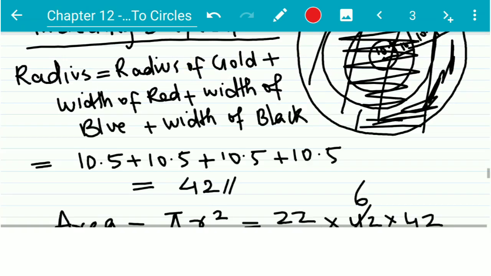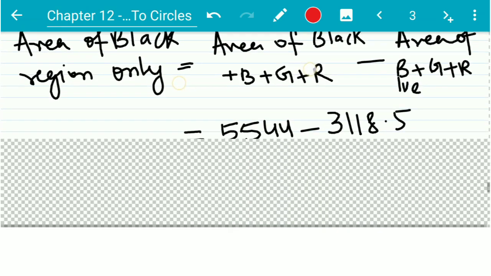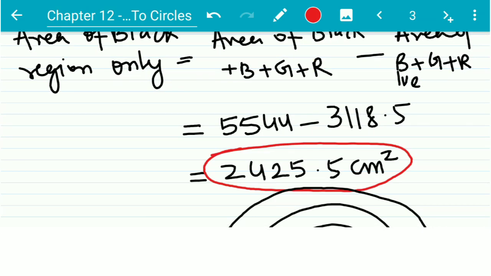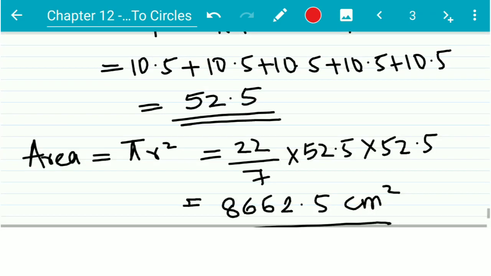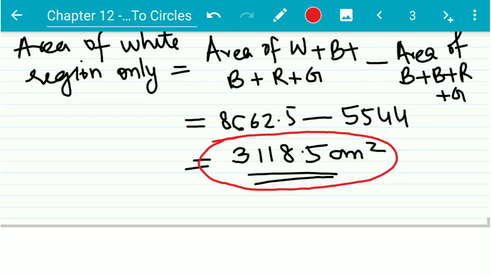Area of black region 2425.5 centimeter square. And finally, area of white region is equal to 3,118.5 centimeter square. These are the main answers.